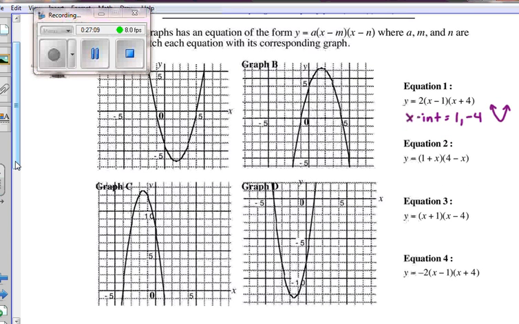Can we just graph it? It's D. 1 and -4 are x-intercepts. Here we go. 1 and -4, and it opens up. So graph D. Oh, the axis is actually over here. It's hard to see. Here and here.